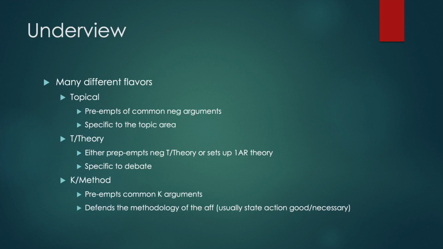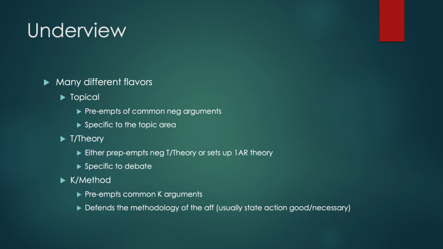So now let's talk about the underview a little bit. The underview comes in many different flavors. There's kind of three big categories that I like to use to explain underviews. Underviews are basically just a collection of cards or analytics at the end of a case that say, here's some other information that I want you to have.